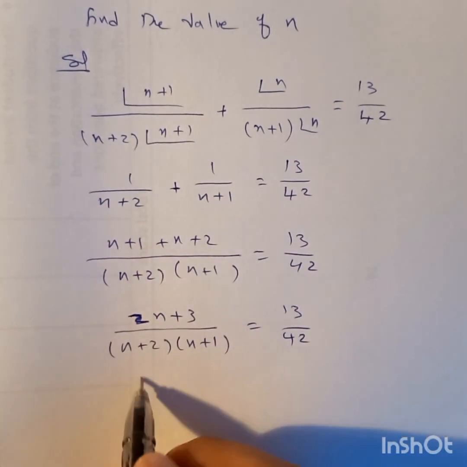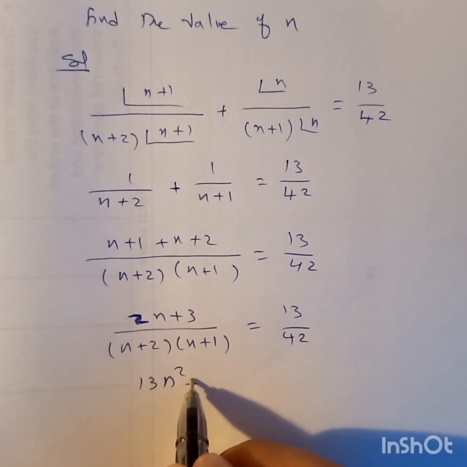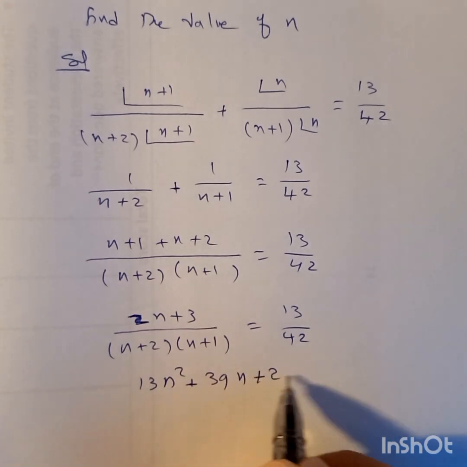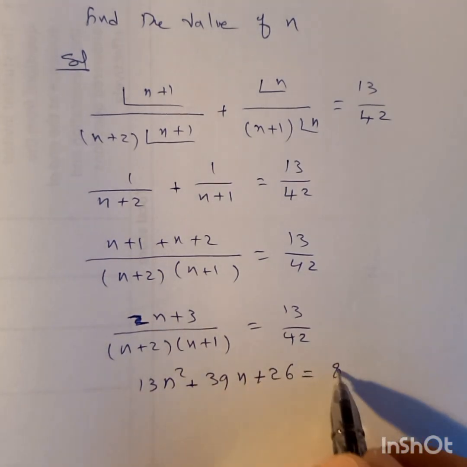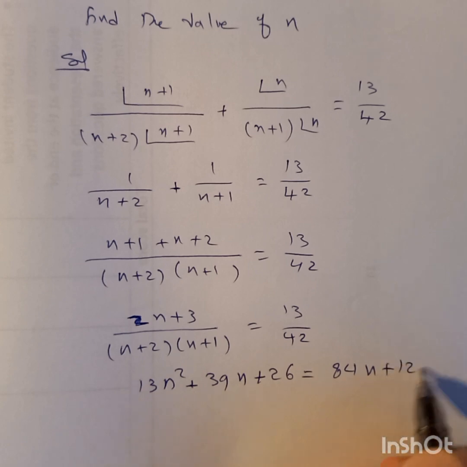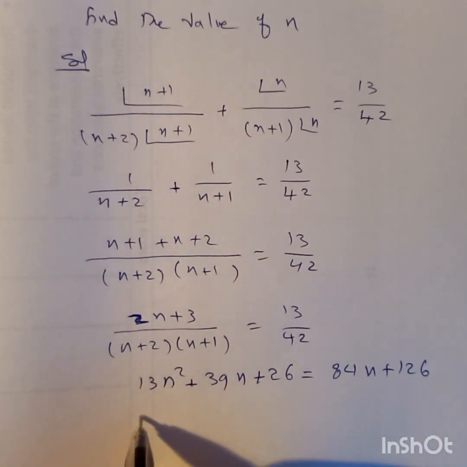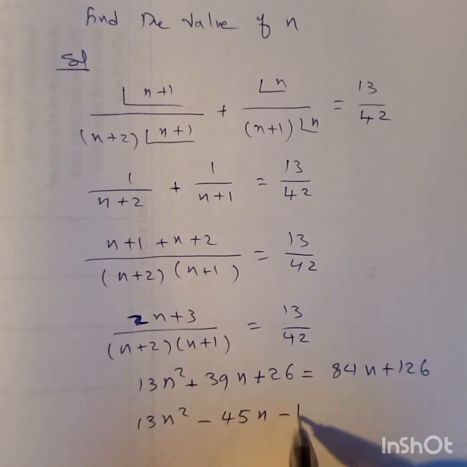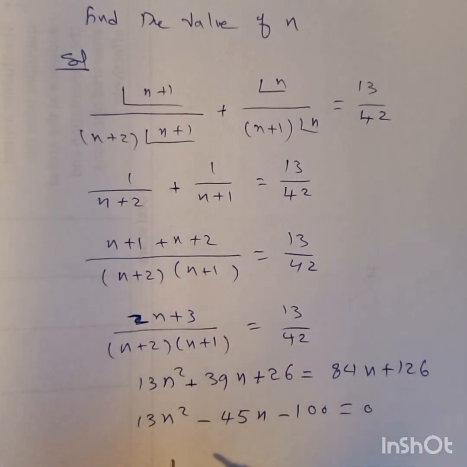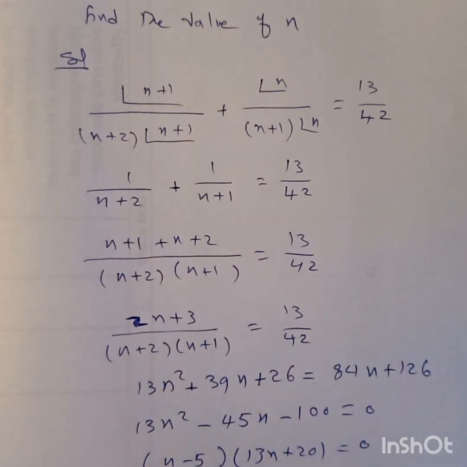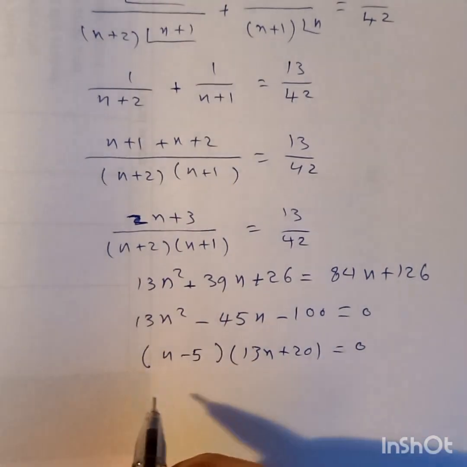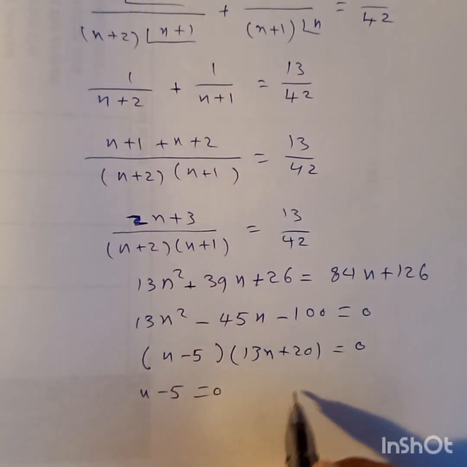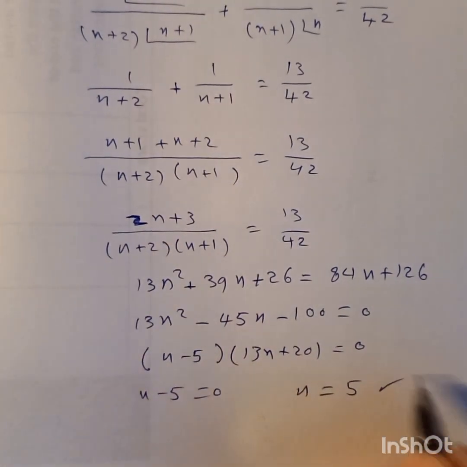Then we have 13n squared plus 39n plus 26 equals 84n plus 126. Then we have 13n squared minus 45n minus 100 equals 0. By factorization, we can find (n minus 5) times (13n plus 20) equals 0. From the first bracket, n minus 5 equals 0, then we have n equals 5, and this is acceptable.